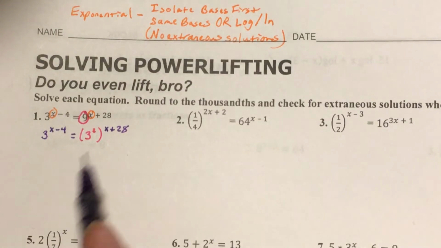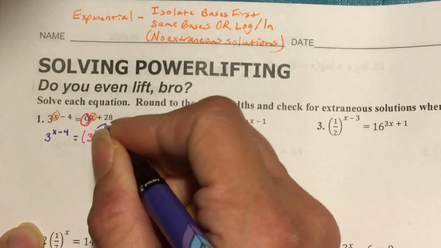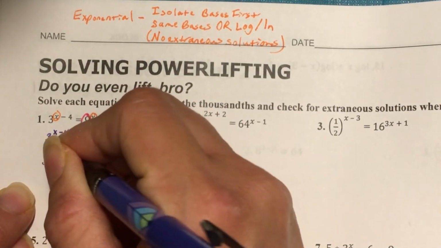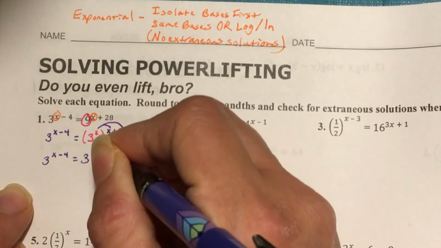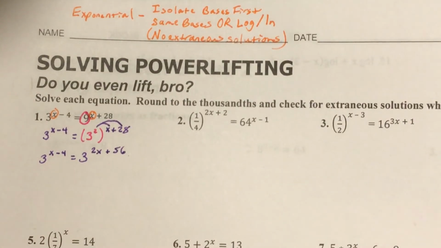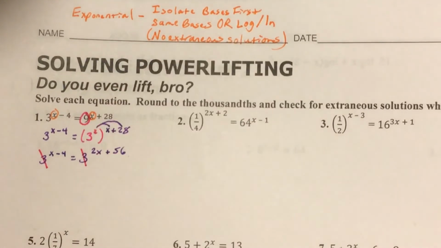Now from here, before I cross off my same bases, I first want to distribute that exponent of 2 and simplify my powers. So 3 to the x minus 4 equals 3 to the 2x plus 56. So now that I have the same bases, we can cross those off and set the exponents equal to each other.